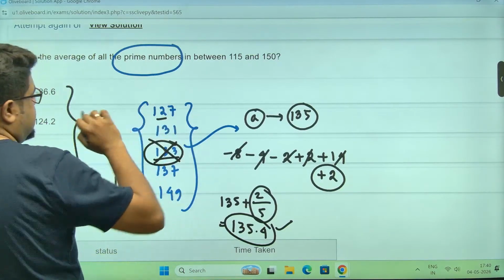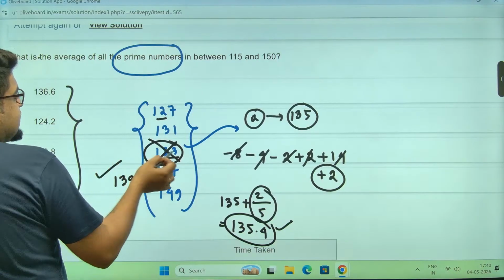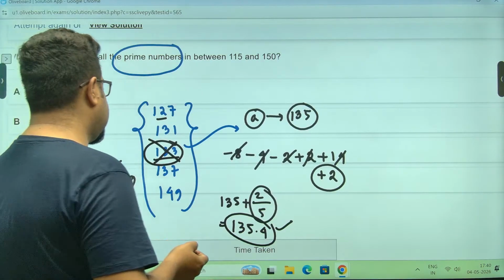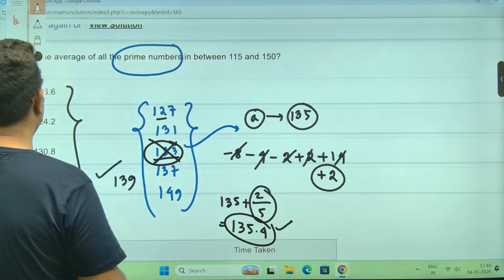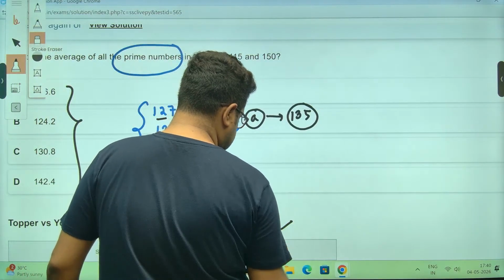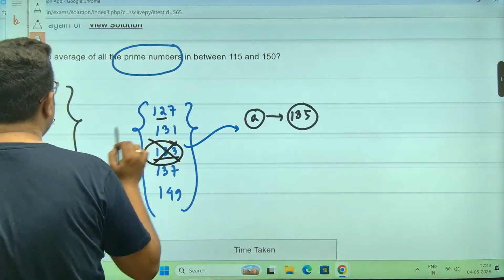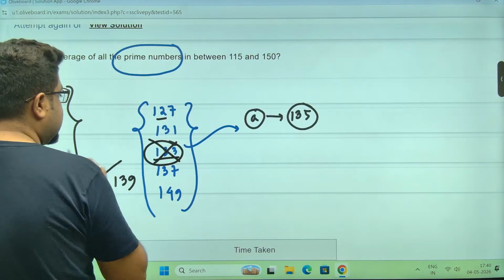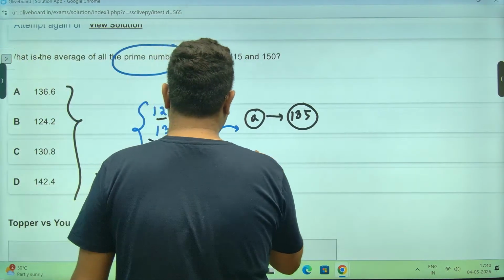Sir, I've made an error. 139 is correct, 133 is wrong. I made a small mistake. 133 will not be there. 139 will be there. Let's do it once more.